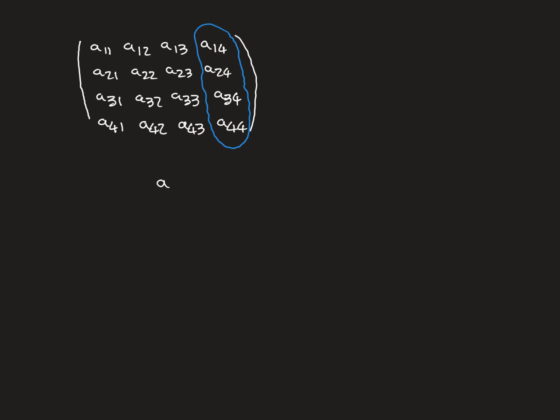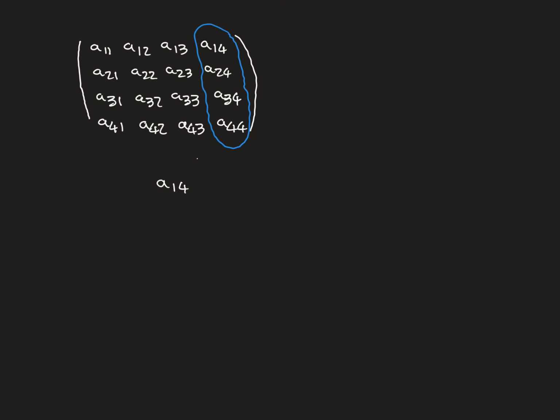So we'll have A14, and now again we want all of the products, so we're not going to include anything else from row 1 or column 4, so we're then going to want all of the things for this smaller matrix, which is now a 3 by 3 matrix. So in the 3 by 3 case, our reduced matrices were 2 by 2 cases. In the 4 by 4, they're going to be 3 by 3. In the n by n, it's going to be n minus 1 by n minus 1.